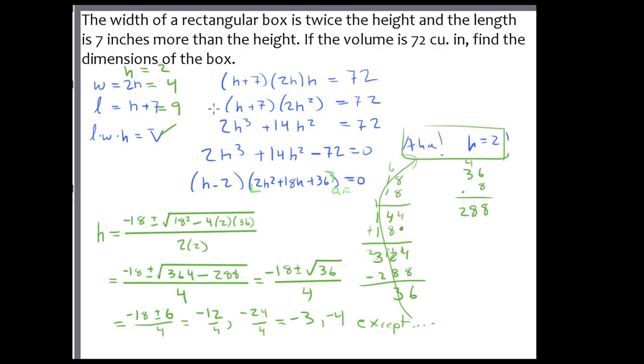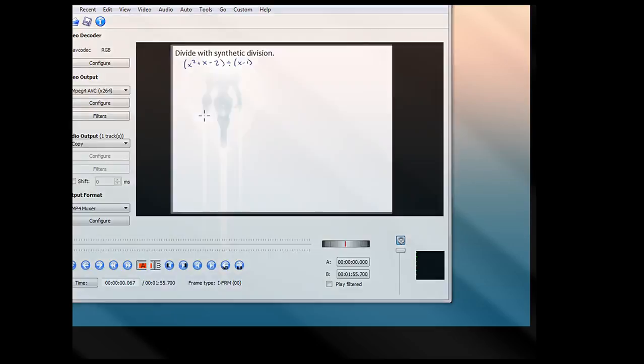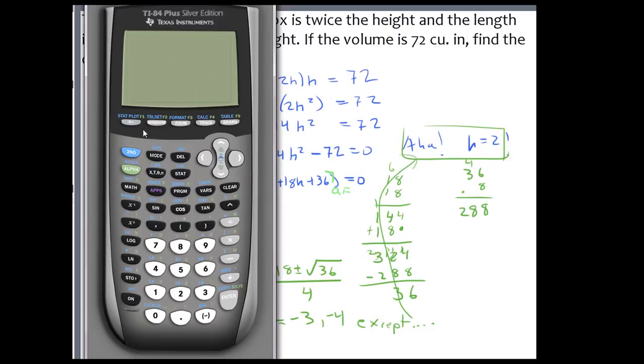Great. And if we go ahead and graph these, I've got our equation entered here. I'm just going to zoom to fit, and I graph it, and we can see what's happening there.